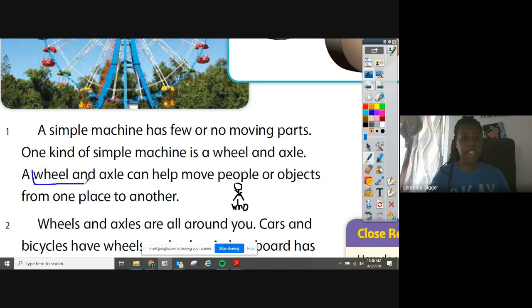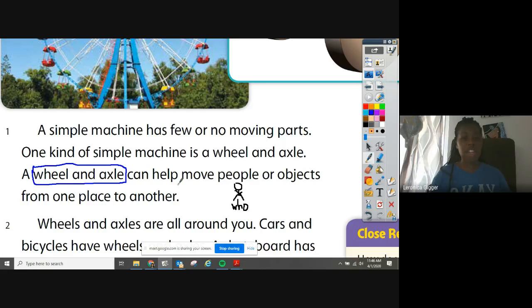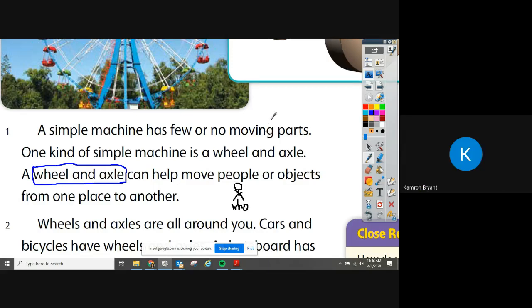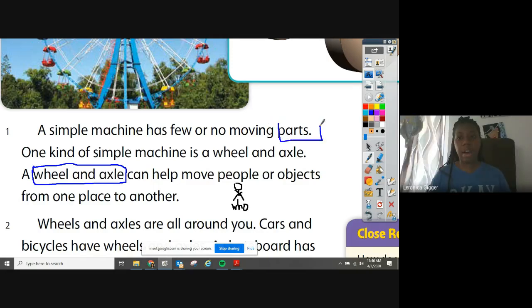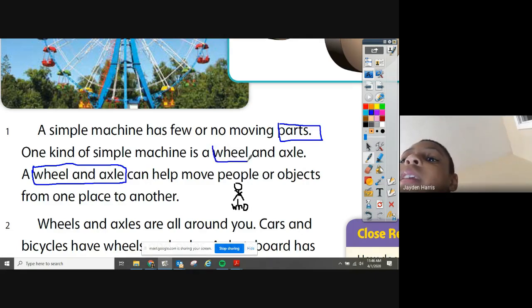Anything else that is a thing that is being talked about? I'm going to reread it. What other things are being talked about? Wheel and parts. Parts are some things that are being talked about. Okay. What else is a thing? One place, simple machine.